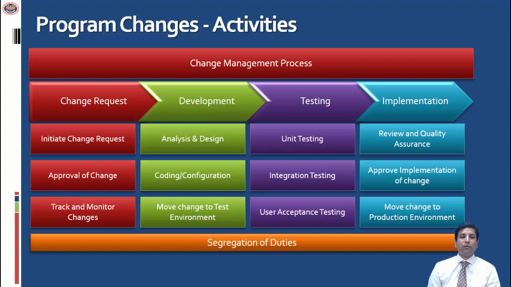Similarly, there could be various scenarios in which segregation of duties will be required to be implemented. Typically, the maker-checker, the approver of the change, should ideally be different from the initiator of the change, and likewise. So there could be many types of segregation of duties that need to be looked into and implemented as a part of the change management process.